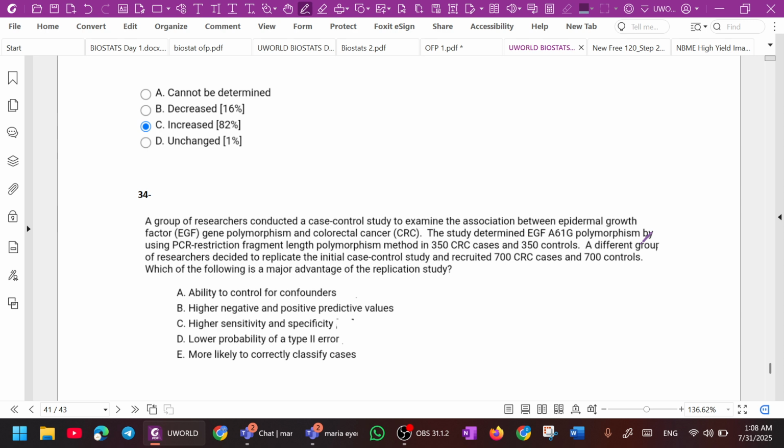A different group of researchers decided to replicate the initial case control study and recruited 700 colorectal cancer and 700 control. Which of the following is the major advantage of the replication study?